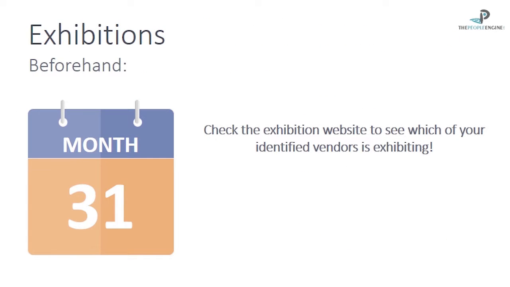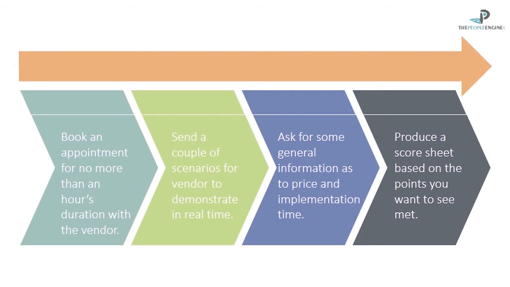If you're going to go to a software exhibition beforehand, have a look at the exhibitor website, see who of those vendors is exhibiting. And this is important to make the most of your time. If you've identified some vendors you'd like to see, beforehand book an appointment, perhaps not more than an hour, where you can sit with them and look at what the vendor has to show you.